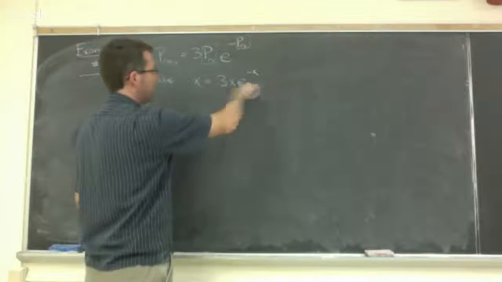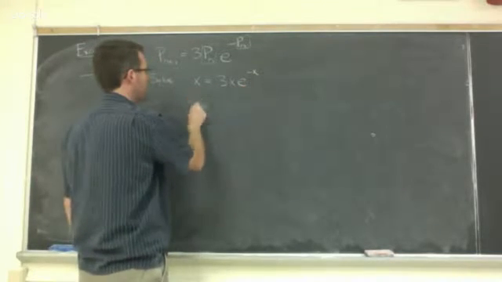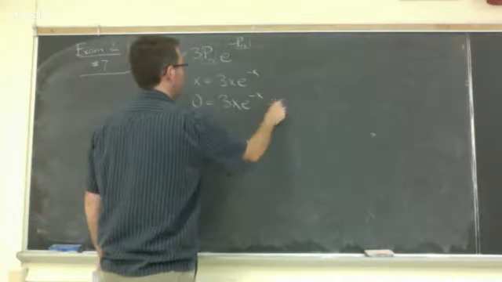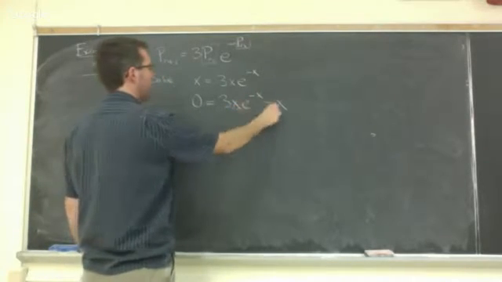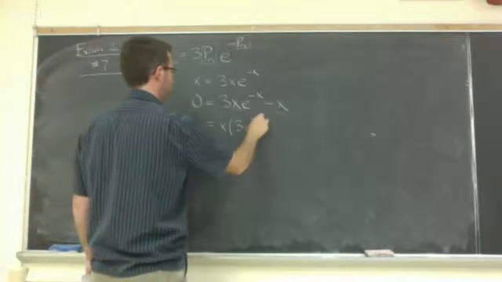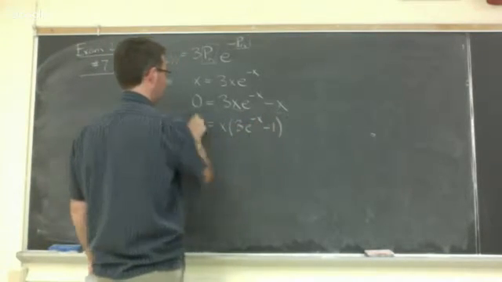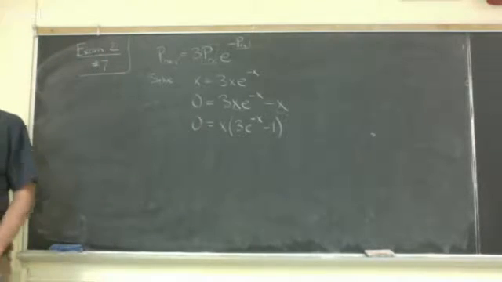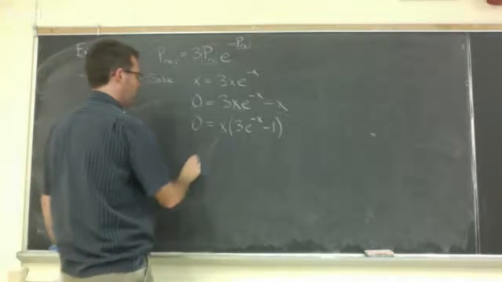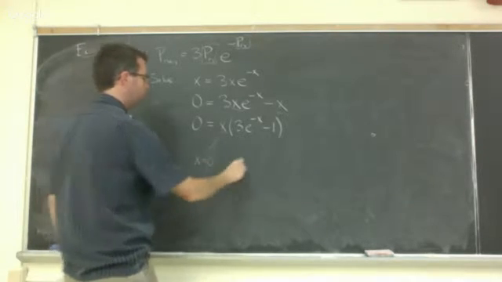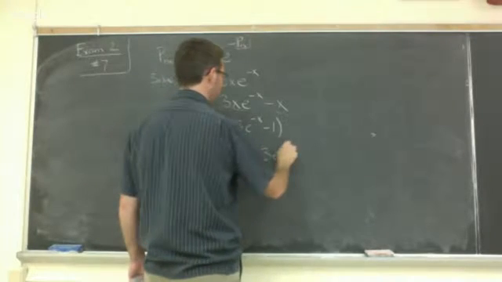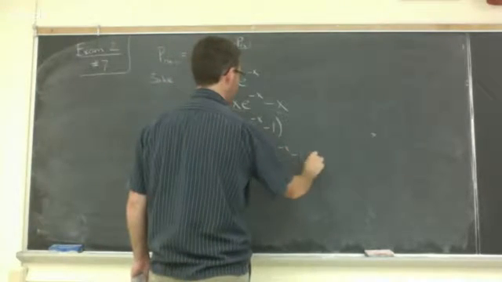So what I'm going to do is subtract x to the other side, which allows me to factor. It's now a common factor. So there are two possibilities. Either x equals 0, or this other piece, 3 e to the minus x minus 1 equals 0, which I can solve.